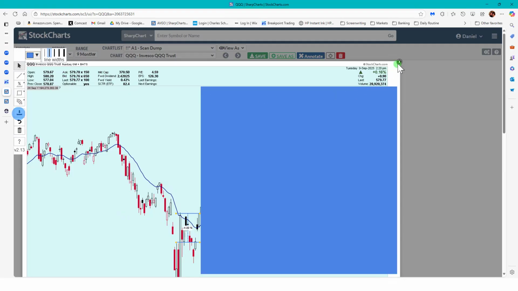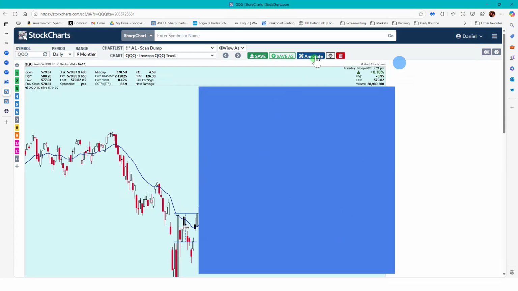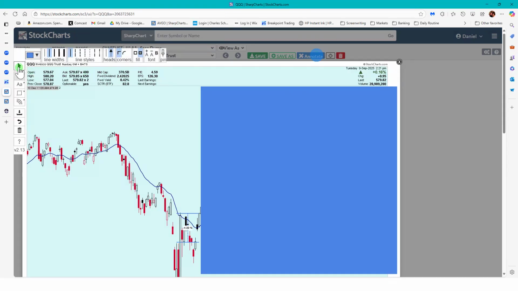I'm going to leave that there for now, and then we'll look at moving this to the side again. The other way you can do it is to set a stop just below the previous day's low. So you could set a stop right down here.